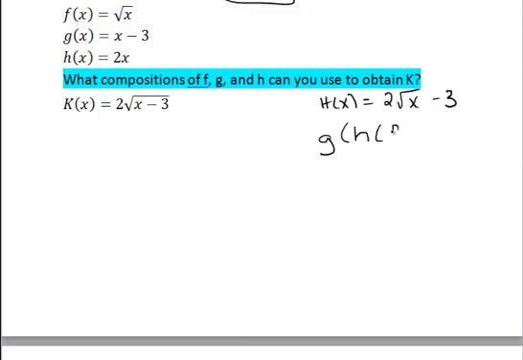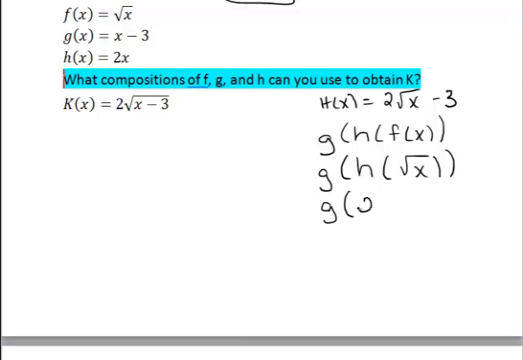So g of h of f of x. Let's see if it works. Who knows? So we find g of h of something. What is f of x? It's the square root of x, right? So we have g of h of x means we write down h, but we put the square root of x where the x is.